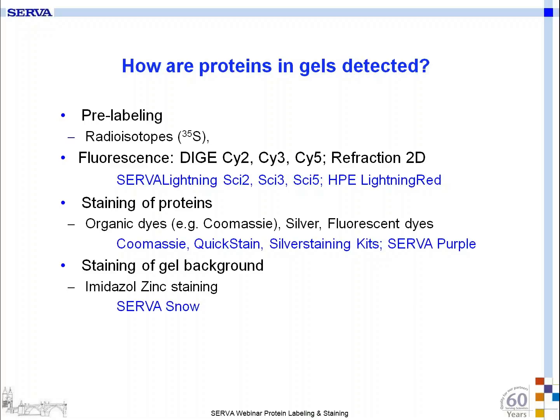And the reverse staining is also possible. So if you do not want to stain your protein at all, you could stain the gel background. This is done via an imidazole zinc staining called SERVA Snow in our case. We have this in our portfolio as well. And the last one would be blotting.